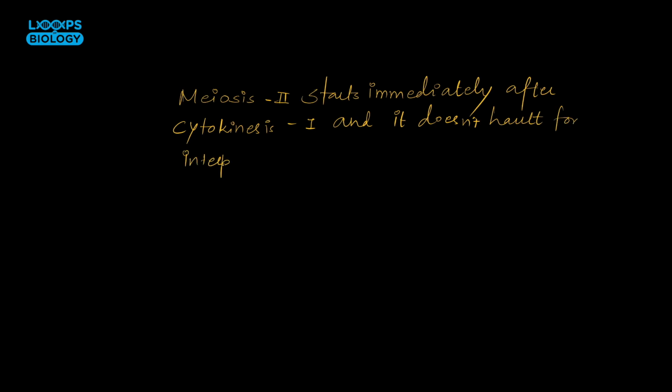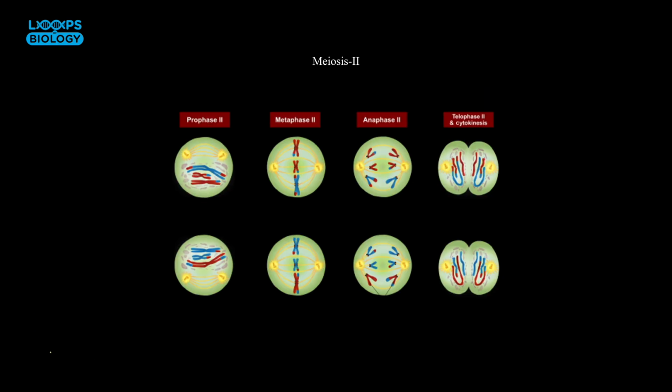So there is only a single interphase stage running in the case of meiosis. Alright, even though the stages or processes are two, that is meiosis 1 and meiosis 2, for the complete process the interphase is run only once.